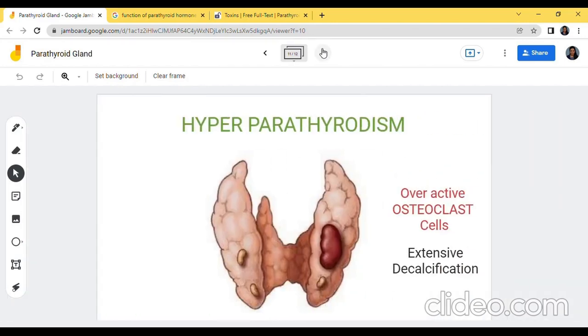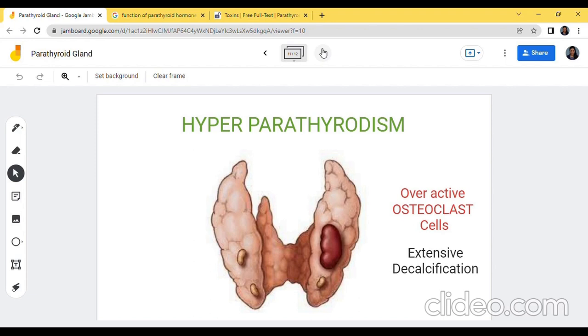The next disorder is hyperparathyroidism. Here overactive osteoclast cells are produced, and it will lead to extensive decalcification, that is extensive removal of calcium, that will result in softening of bones, fractures occur frequently, and one of the factors for osteoporosis in old age is hyperparathyroidism.